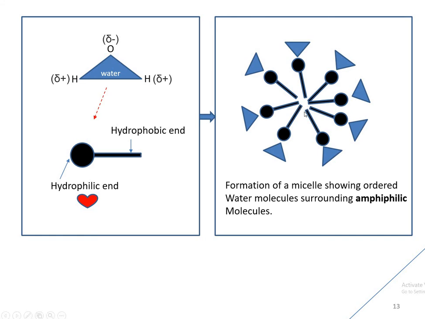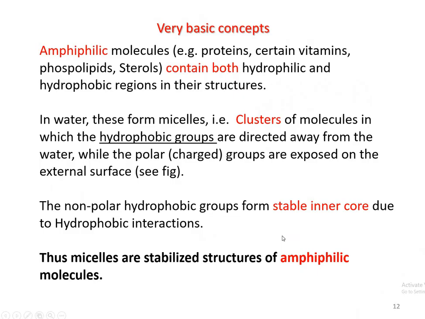They stay away. Because of this behavior, you form a micelle in such an ordered manner, allowing water to surround the amphiphilic molecules. So as a result, you have a stabilized micelle.